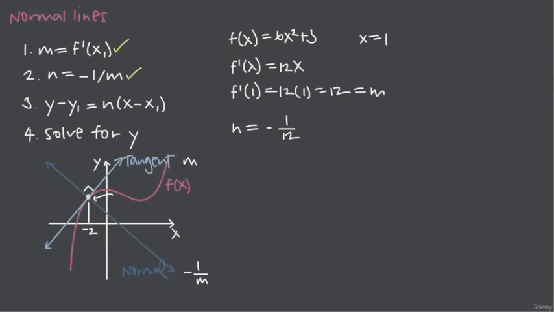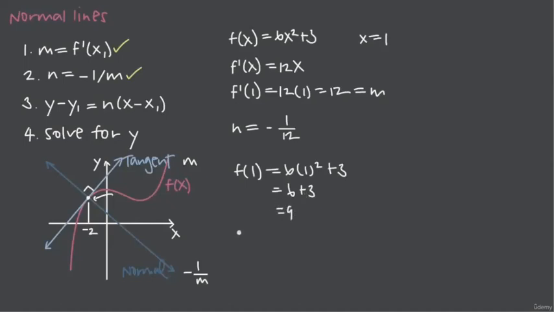So we have the full xy coordinate point. So we'll take x equals 1 and we'll plug it into the original function. So we'll say f of 1 is equal to 6 times 1 squared plus 3. That's equal to 6 plus 3, or 9.